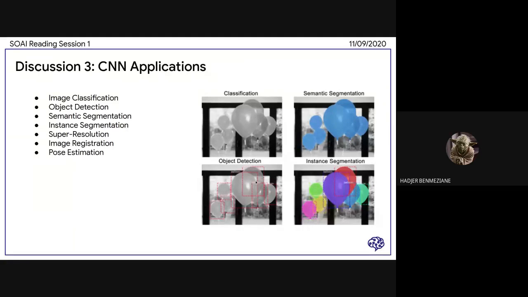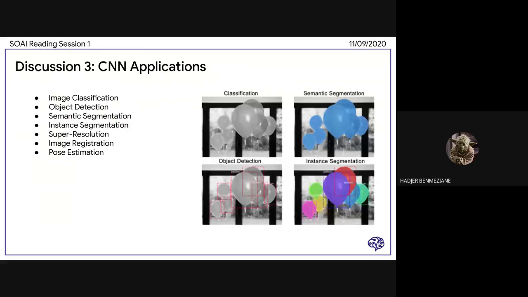And then we have segmentation. We have 2 types of segmentation: the semantic and the instance. In semantic segmentation, we have a whole class and we're trying to detect them all. So we have, for example, balloons, and we say to the model, detect the balloons, and in the image, we have them all in blue.